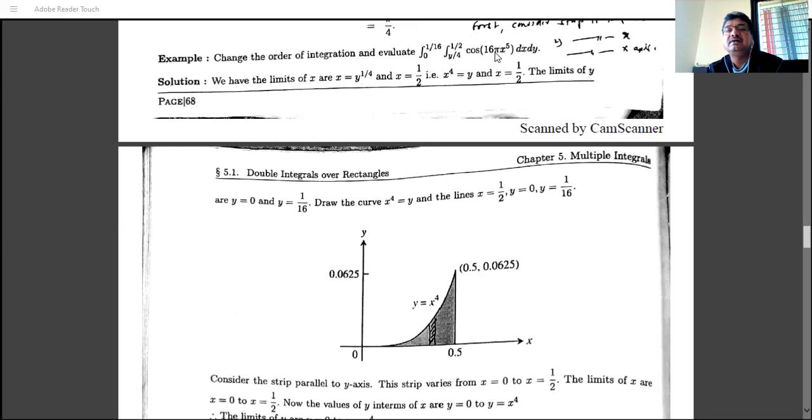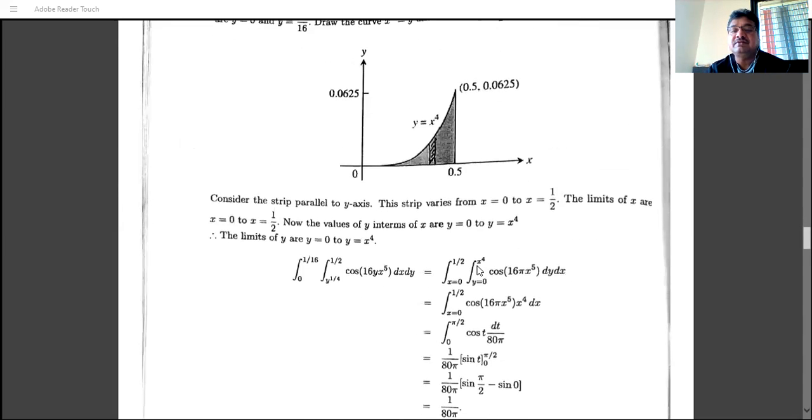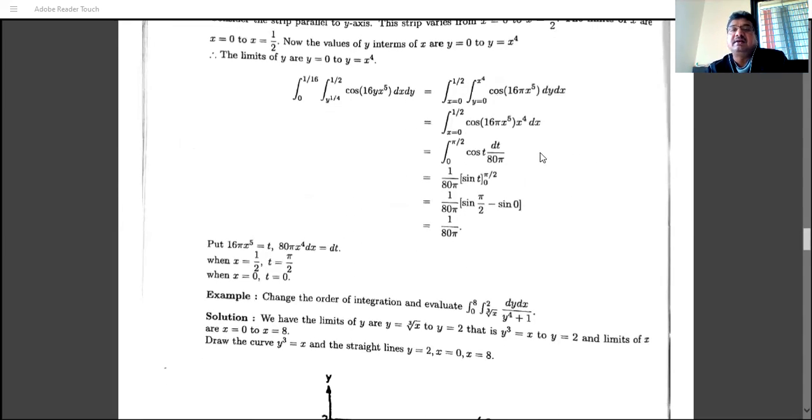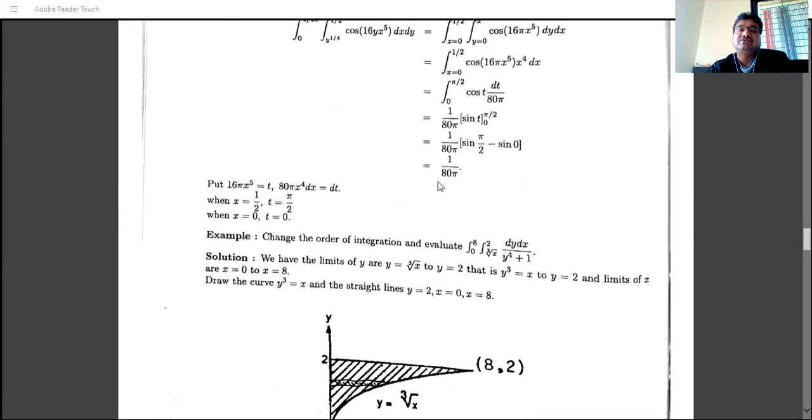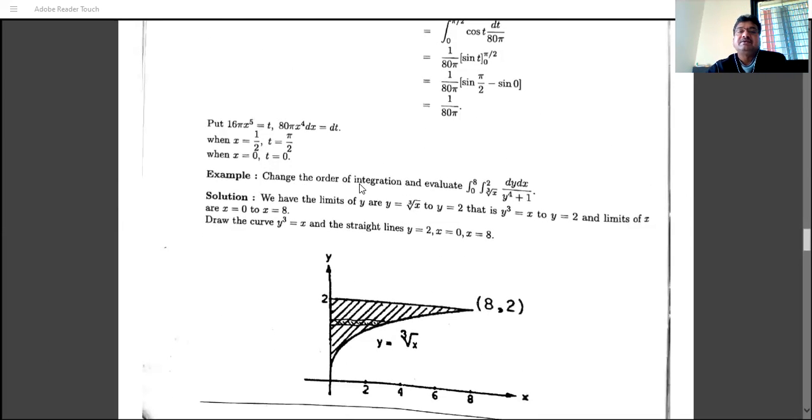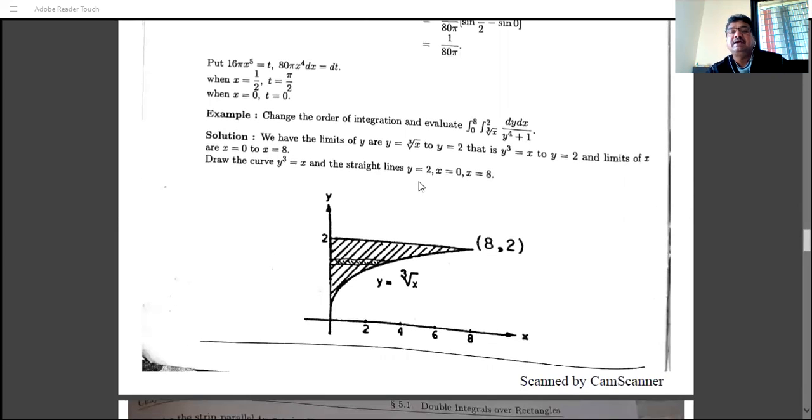So if we change the order of integration, then we have a simple integration, and then we solve it by a simple method. Change the order of integration and evaluate. Another problem is again the same type. First draw the figure. The limit on y is y equal to the third root of x.